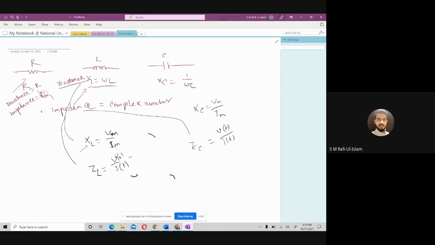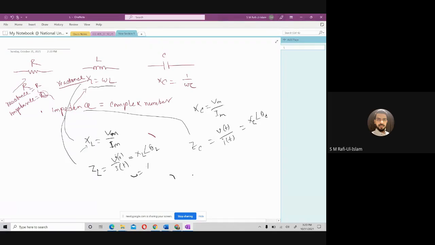And for that case, how do you do that? This is very simple. Whatever X we got, and then theta. X is nothing but the reactance. So for this case, we'll just replace it by XL and then XC. Now we need to calculate what is theta L and theta C.